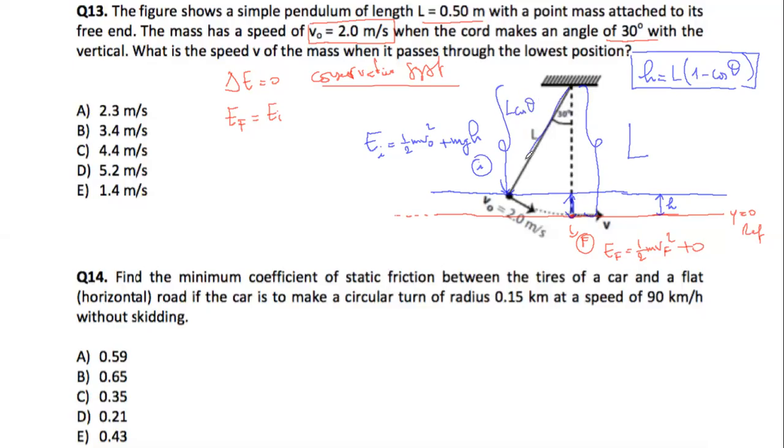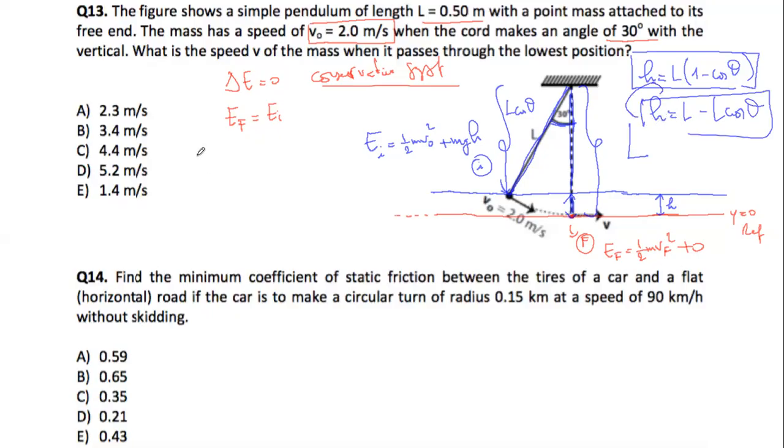So this is L, and this is theta, meaning this length is L cosine theta. The difference of height is L minus L cosine theta, as you used to do in high school, which gives you L (1 minus cosine theta).